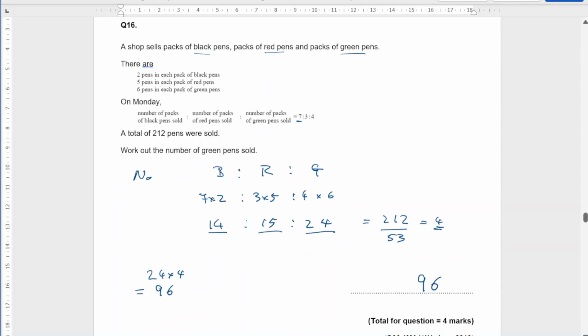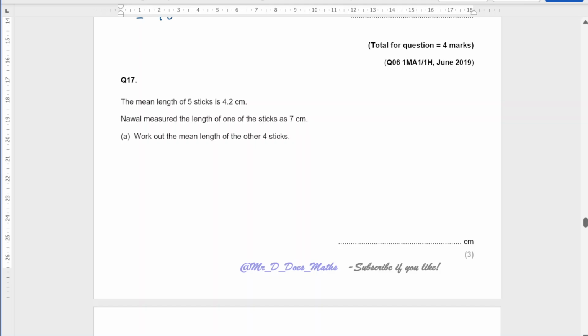Okay, right, question 17. The mean length of 5 sticks is 4.2. Now I measure the length of one of the sticks as 7 centimeters. Work out the length of the other 4. So the total length would be 5 times 4.2, which is going to be 21.